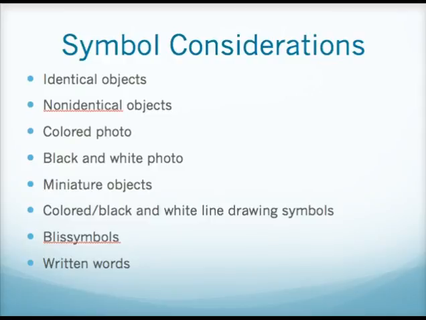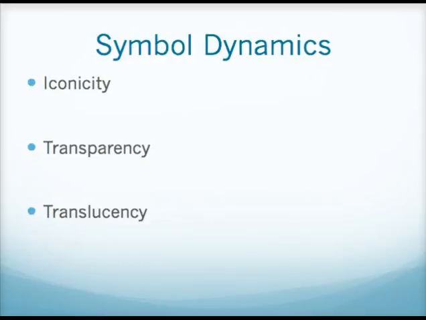Okay. So in addition to the considerations you have in regard to the form of the symbol, there are also other dynamics that have to be considered. And these mainly relate to how an untrained observer would be able to understand the communication of the symbol. So iconicity is the degree that a symbol or sign resembles what it represents.